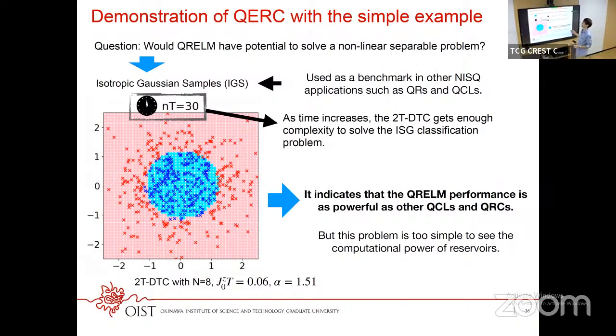Okay, at the 30 period case, because enough complexity is generated in the reservoir, now you see that it can solve. It means that as the time increases, the DTC gets enough complexity to solve the isotropic Gaussian sample classification problem.